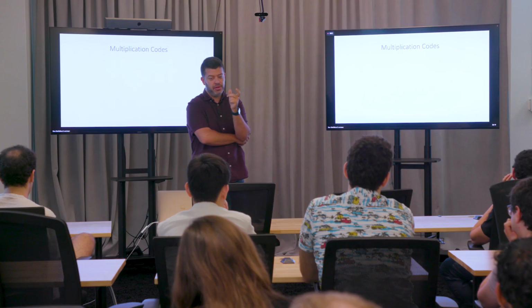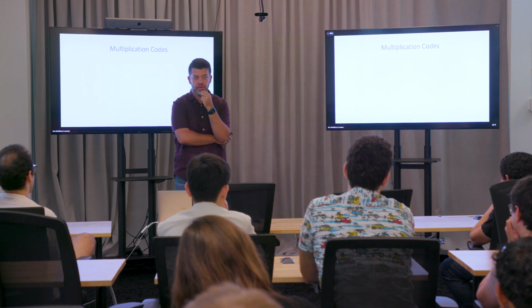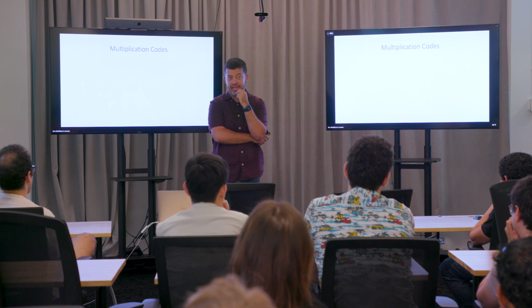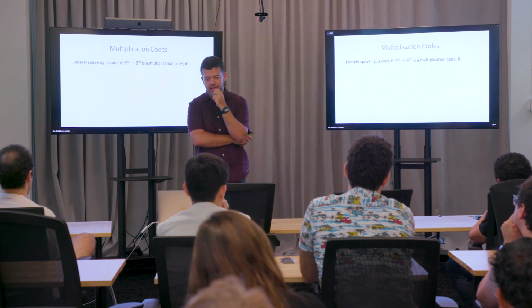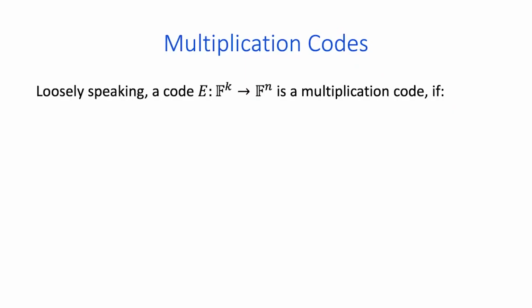We're going to be looking at two specific families or types of error correcting codes. One, which is really fundamental and important in the construction of proof systems, is what's called multiplication codes. These are codes that have the following curious property. We're going to be looking at a linear code E, mapping vectors of length k to vectors of length n.